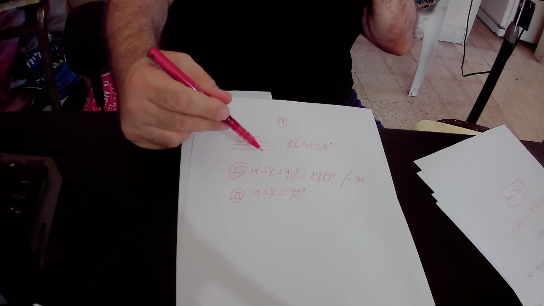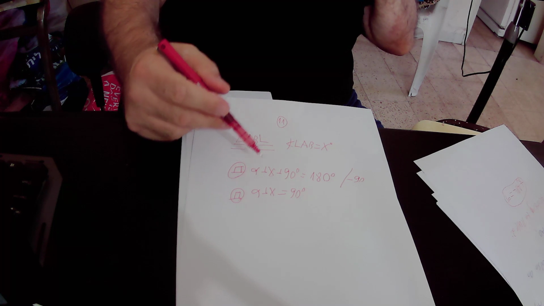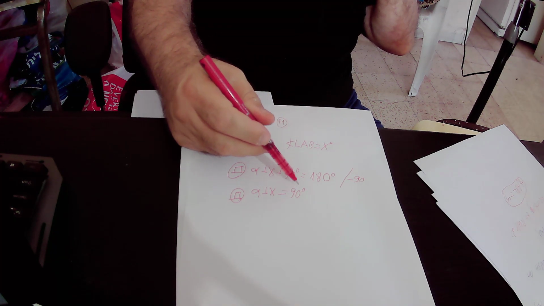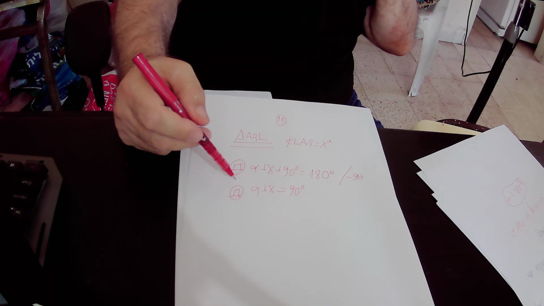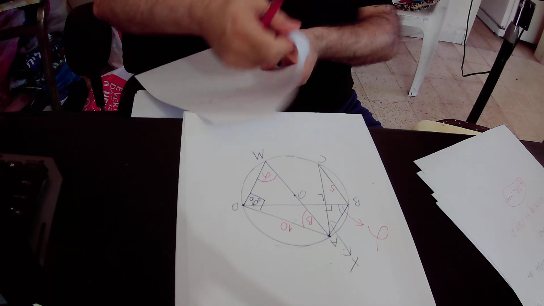Alpha plus x plus 90 degrees minus 90 degrees equals alpha plus x, and 180 degrees minus 90 degrees equals 90 degrees. Here we'll subtract alpha from the second equation.